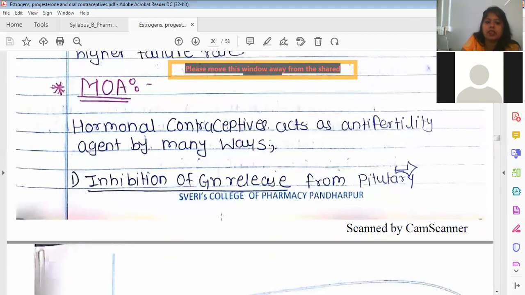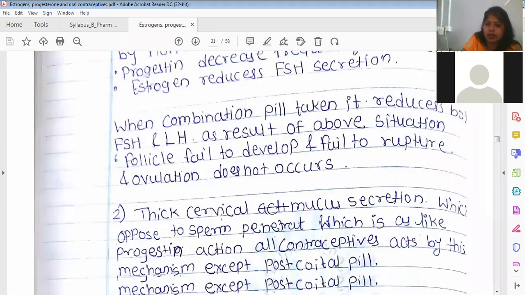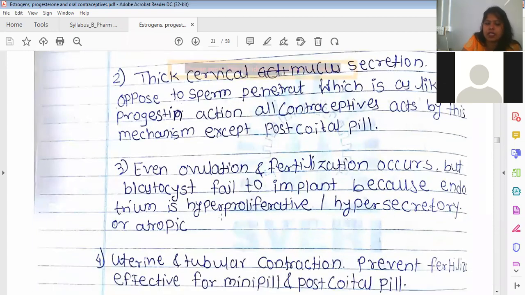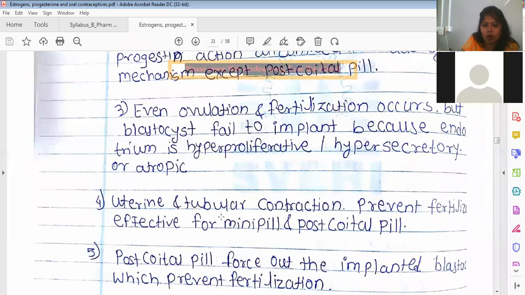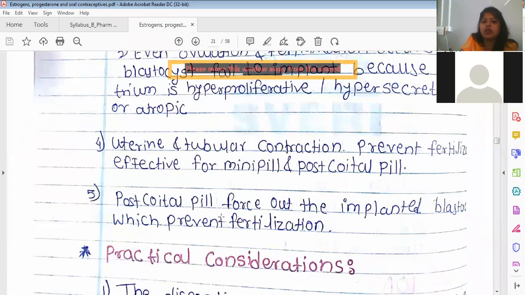Its mechanism is that it inhibits gonadotropin release from the pituitary, and at that time there is no secretion of FSH and LH inside the body. The uterine and tubular contraction prevent fertilization, and the postcoital pills force out the implanted blastocyst.